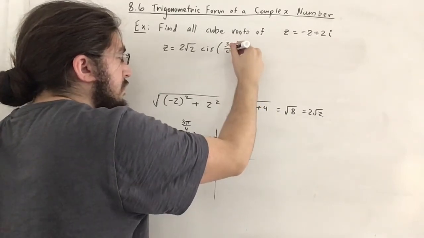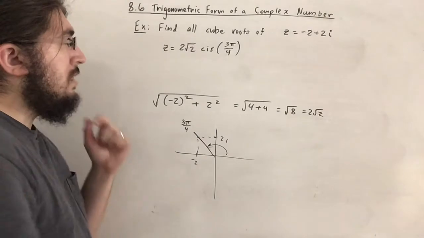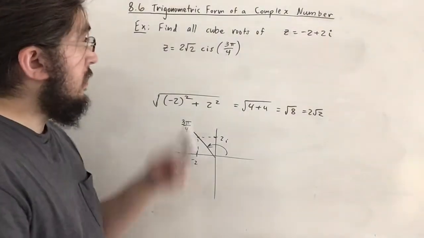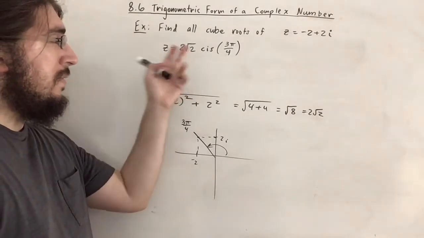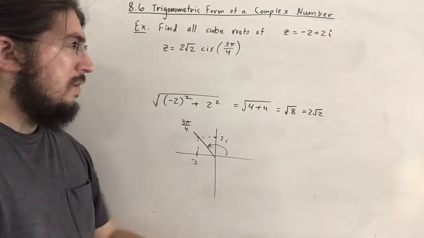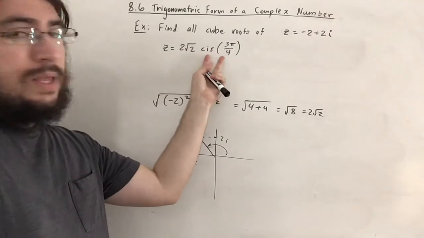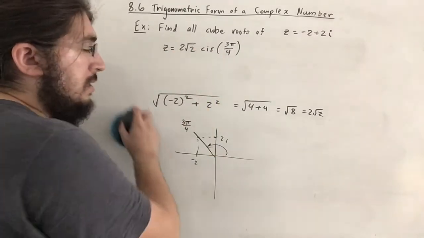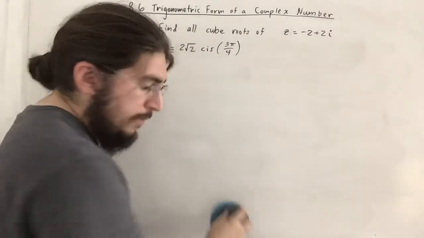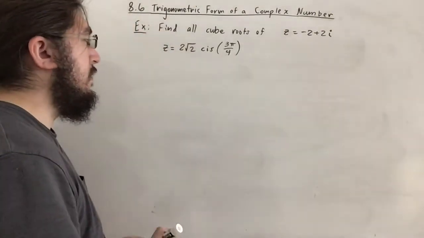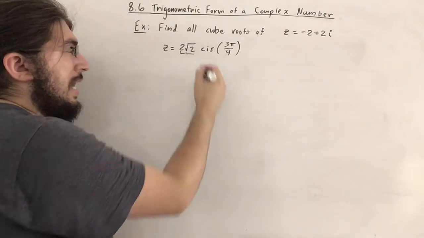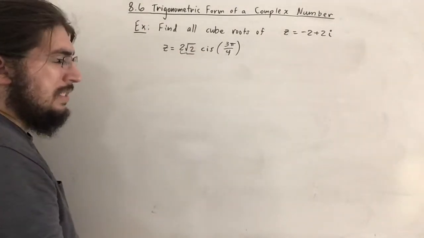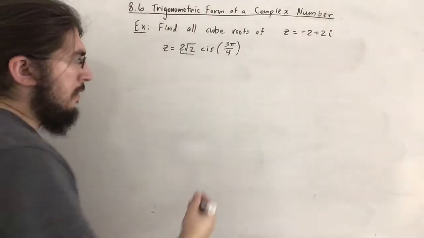Great. So now what? Well, now to take the nth root, which again, we want to find cube roots, we need to take the cube root of this number, yikes, it's going to be weird looking, and then we want to divide the angle by 3, but we want to add 2 pi k to that before dividing by 3. Something that I would like to do is write this as a power.